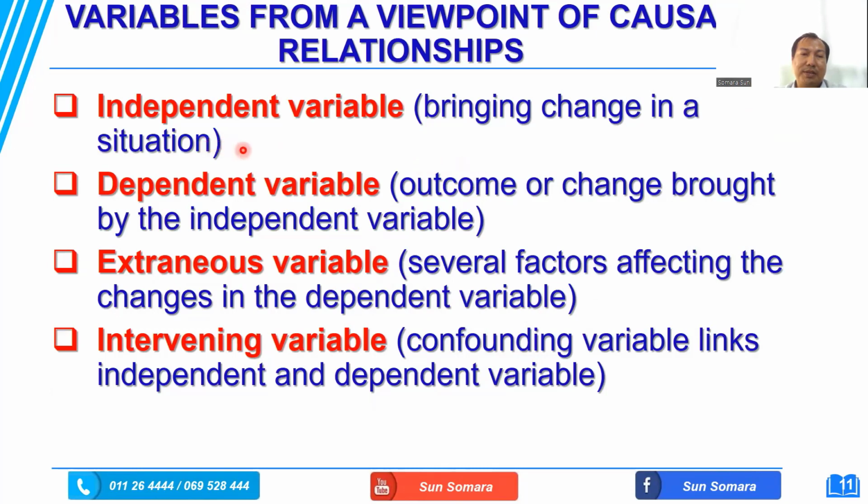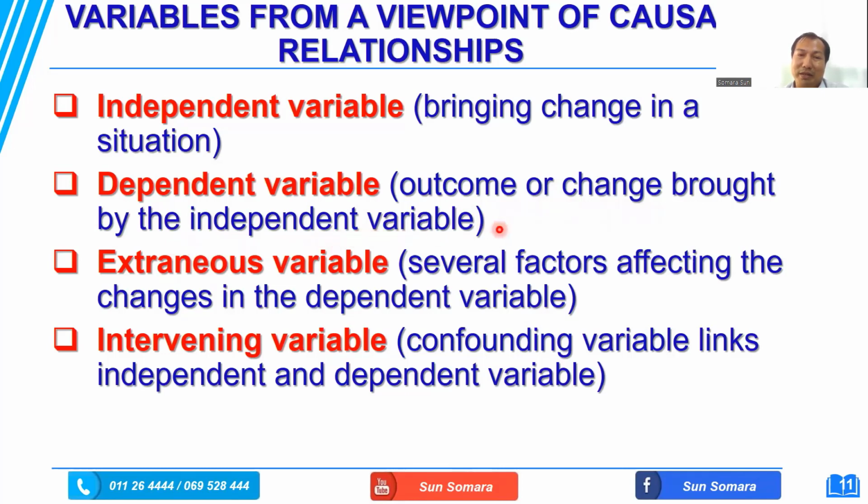You can see the independent variable just brings change in a situation, the one which will bring change, like what we discussed earlier. Medicine will change the condition of the illness, right? Dependent variable is just the outcome or change brought by the independent variable.